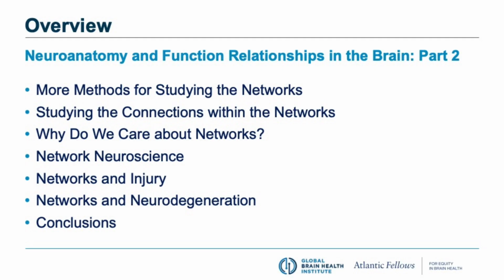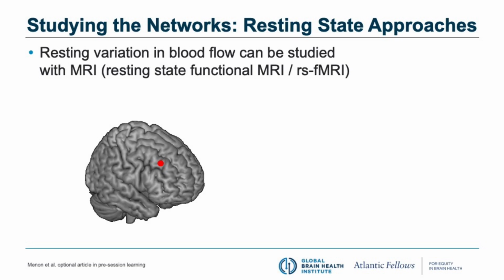So here again is the overview for part two. We're going to discuss more ways of studying networks in the brain and the implications of those kinds of techniques and analyses for understanding the brain. In the last session, near the end, we talked about different ways of studying brain activity using imaging of blood flow with PET scanning and with MRI.